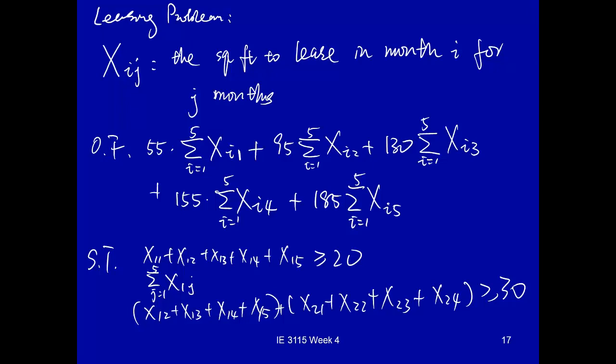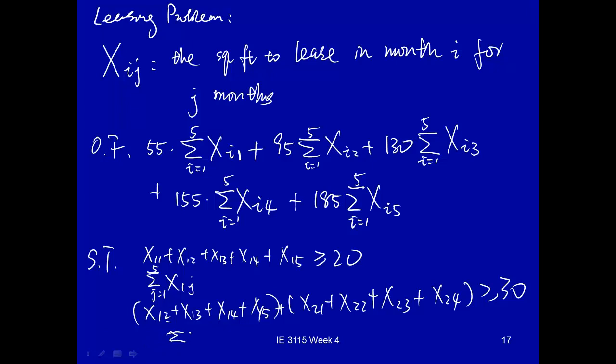Martin, can you share yours? For the second one, it's the sum of x1j, with 2 on the bottom and 5 on the top. It's a little hard for me to write.